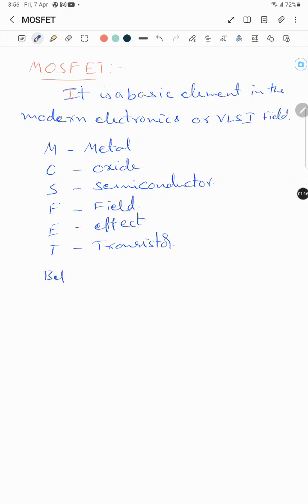Before learning MOSFET, we need to know MOSCAP. This is metal oxide semiconductor capacitor, MOS is metal oxide semiconductor and cap stands for capacitor.